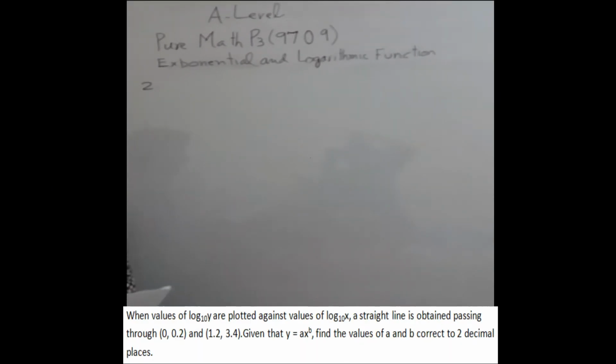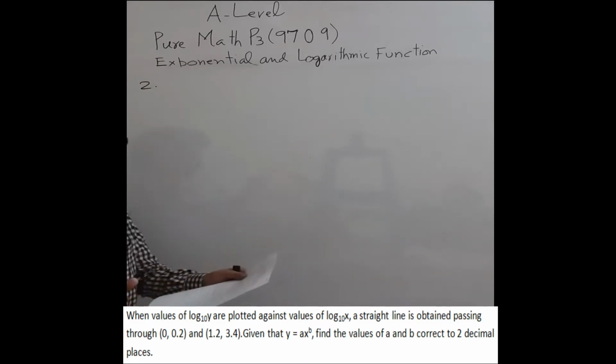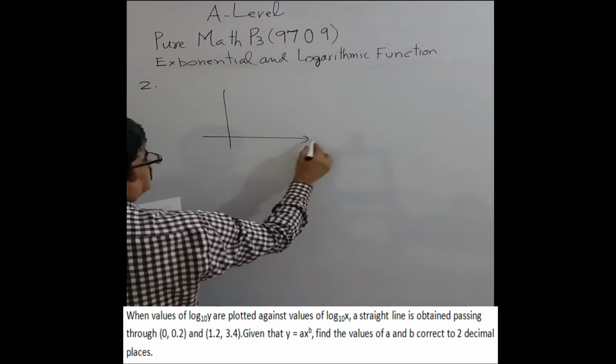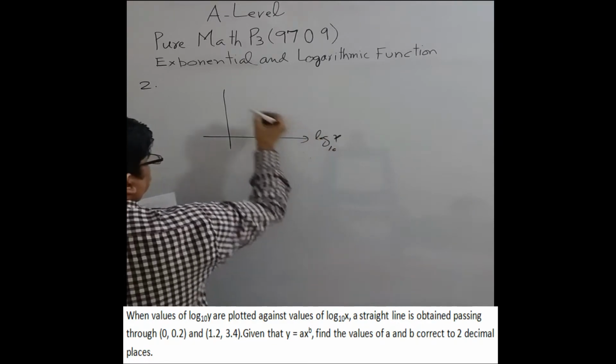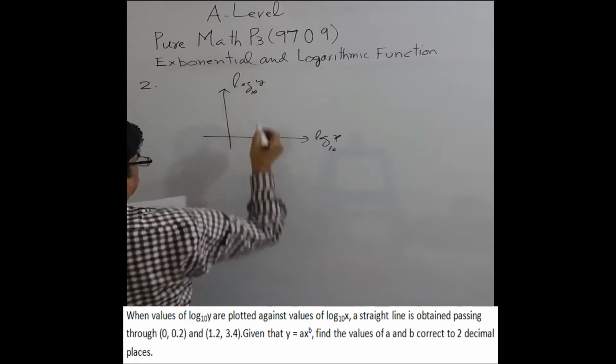Question number 2. Let's apply now this concept on the questions. Now read the question, please. It is displayed. When the values of log of y to the base 10 are plotted against values of log of x to the base 10, it means that this variable is log x to the base 10, this variable is log y to the base 10.